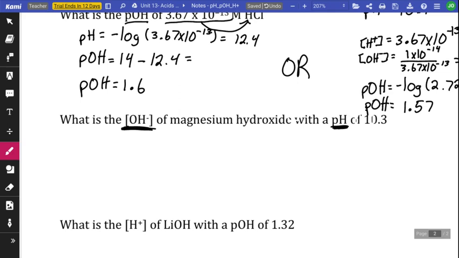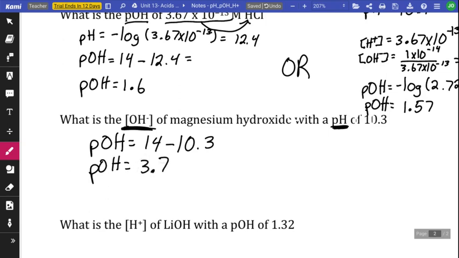So first off, my preferred way to do this one is to go to our pOH, because again, that's just subtracting, right? So if I go to pOH, that's going to be 14 minus 10.3. Okay, so my pOH is going to equal 3.7.